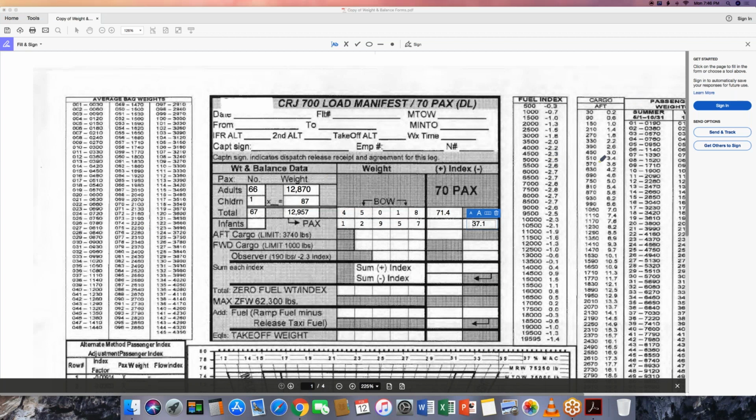It says cargo aft. Okay, where do I go with that? You need your bag weight on the other side first. Okay, so 115. Now, Matt, where do I look on this side?